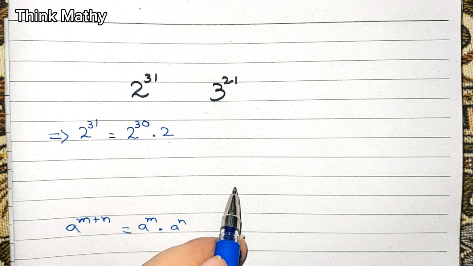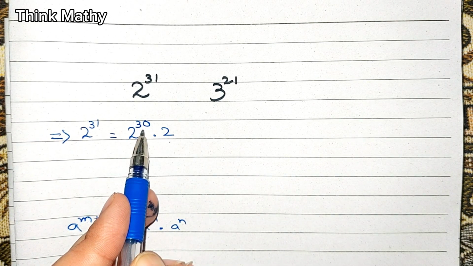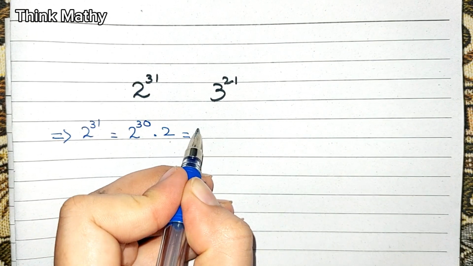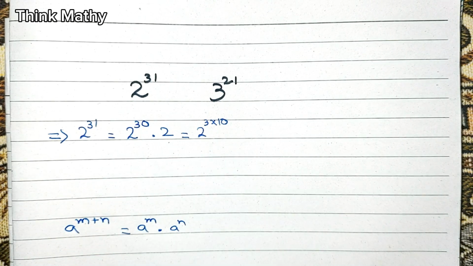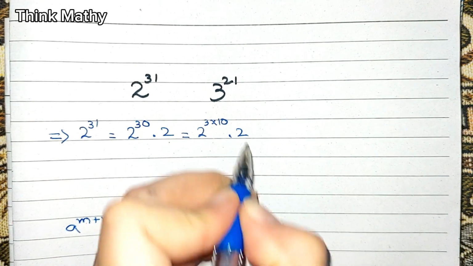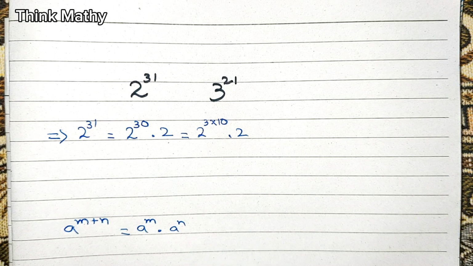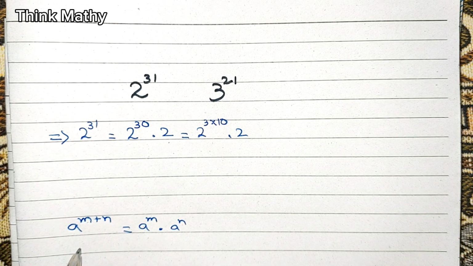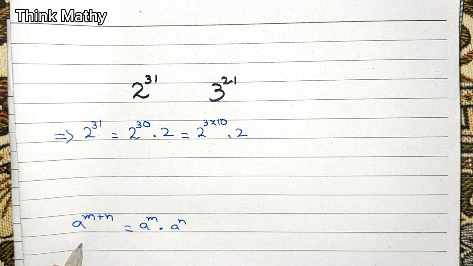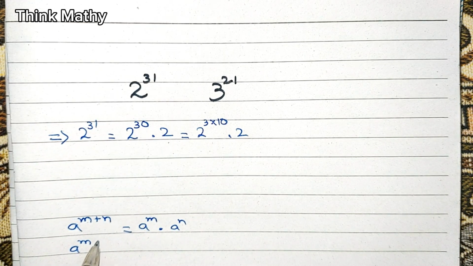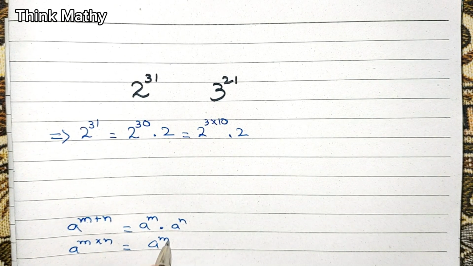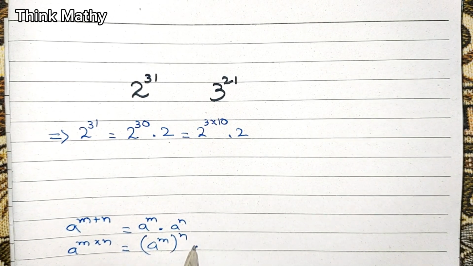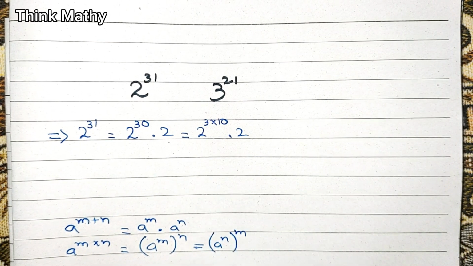Further, let's split the power into 2 to the power 3 multiplied by 10, times 2. You also know this law: a to the power m multiplied by n equals a to the power m whole n, or a to the power n whole m.